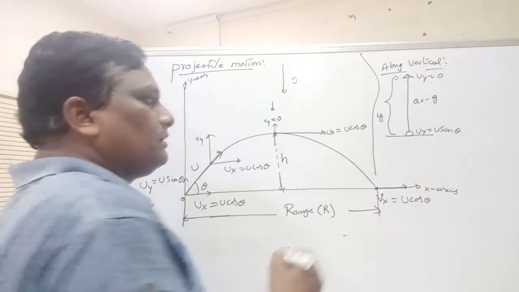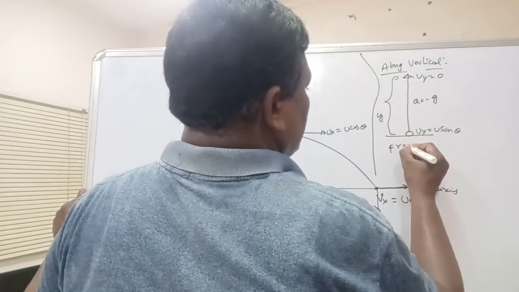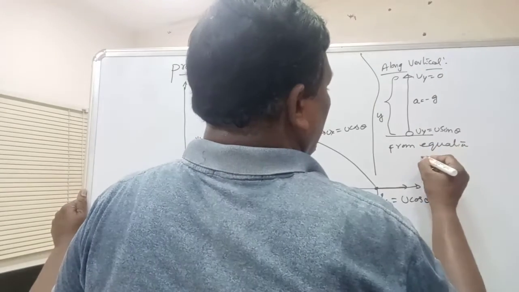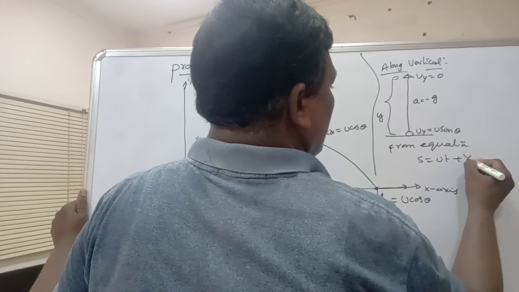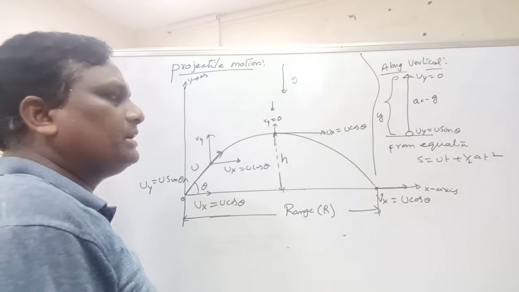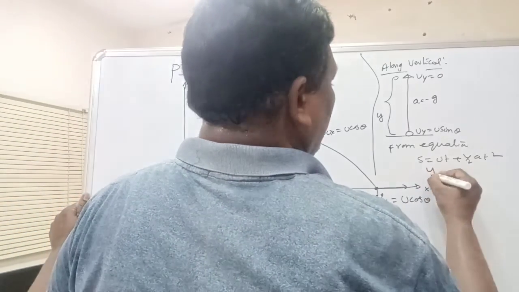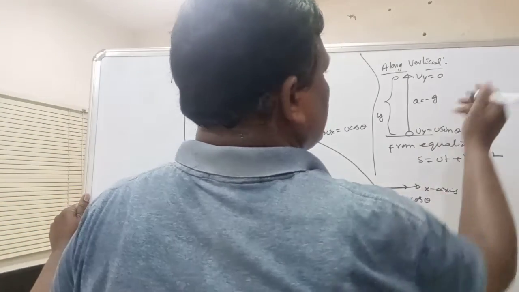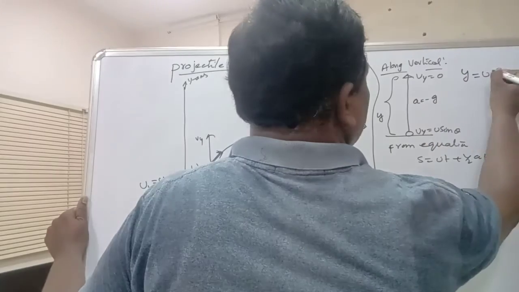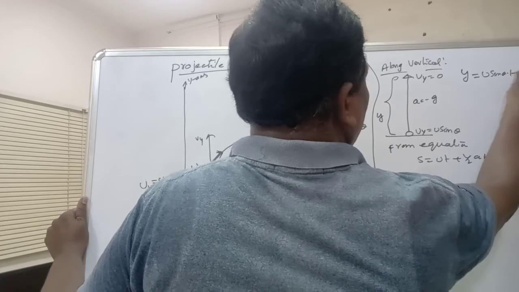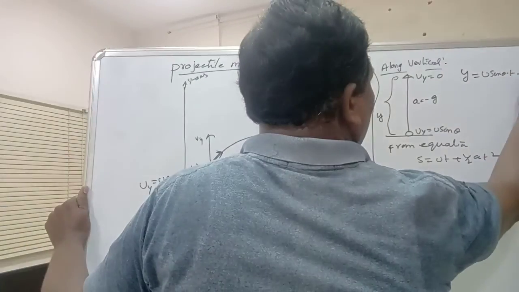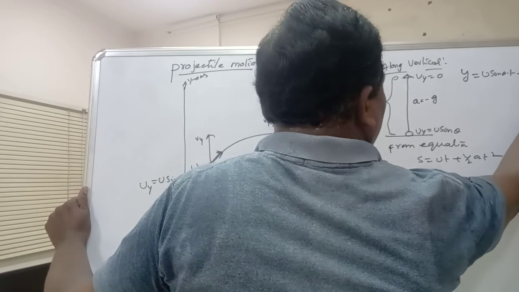Now from the equation s is equal to ut plus half at square, here s is nothing but y. So y is equal to, u means u sin theta, that is u sin theta into t minus half g t square.